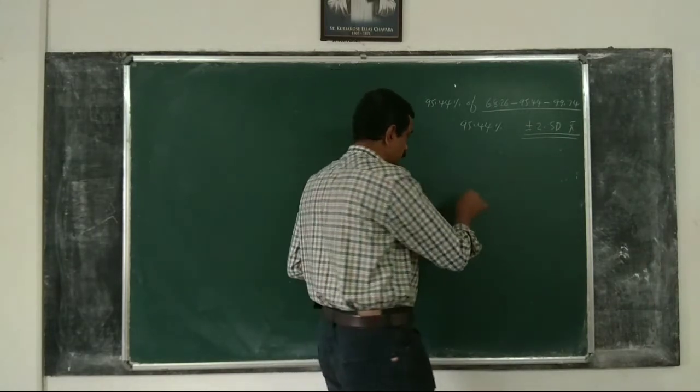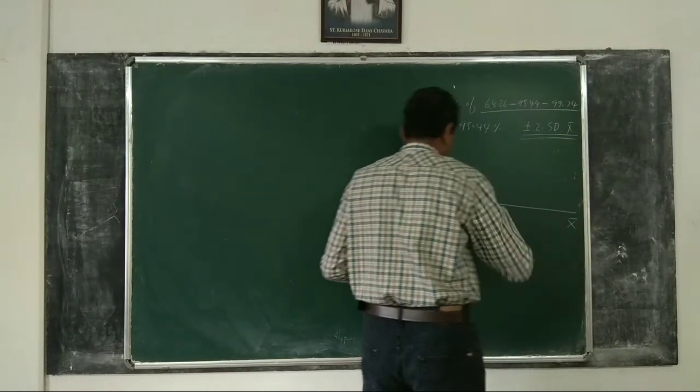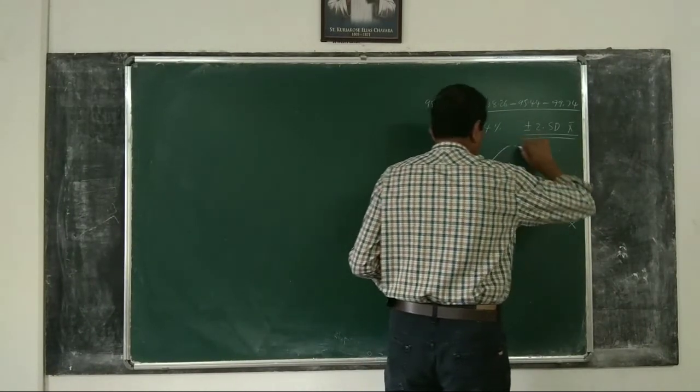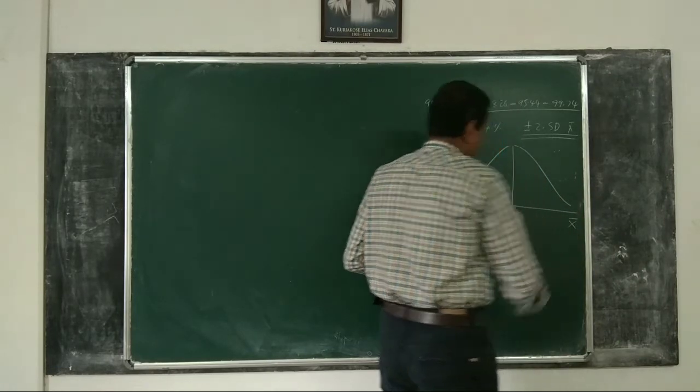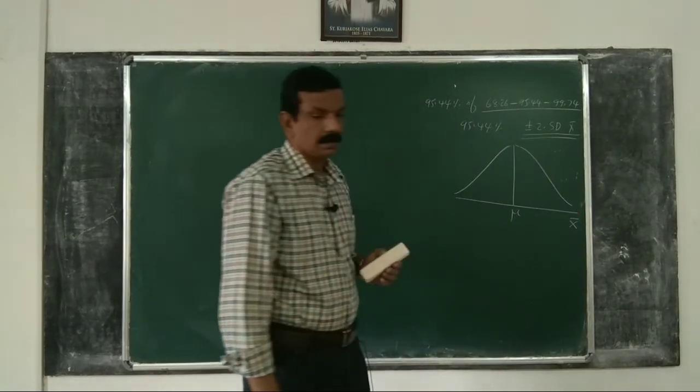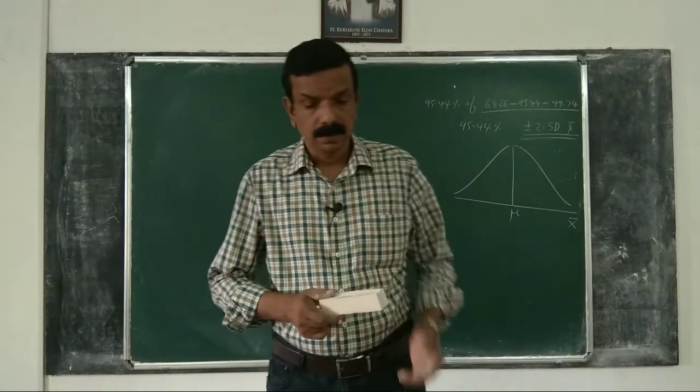Let me say what it is. Suppose that this is the distribution of X bar and also that this is the mean of X bar. The mean of X bar is unknown to us.